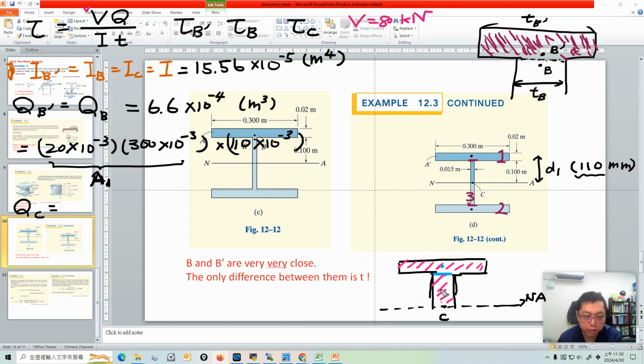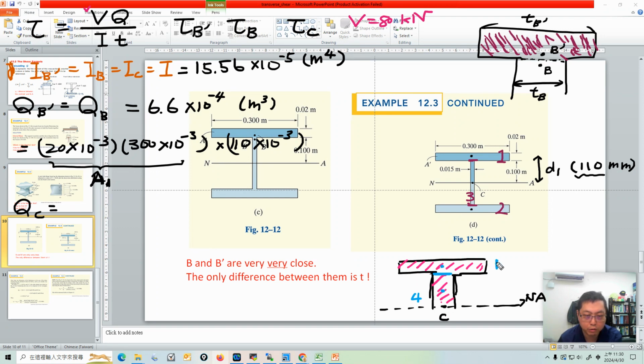This is their centroid. I call this one 4 and this one 1. So what about QC? You need to calculate A4 times Y4 plus A1 times Y1.